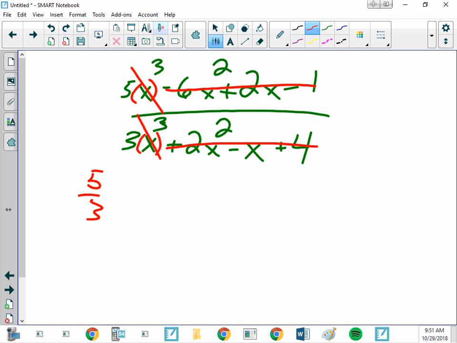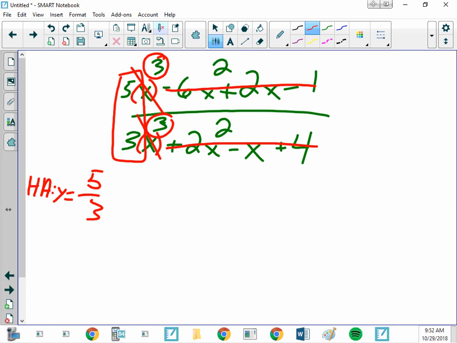No, because that other stuff still exists, but it's just really, really small in comparison. So if the bottom exponent and the top exponent are the same size, then your HA, your horizontal asymptote, is at the fraction created when you divide the leading coefficients.